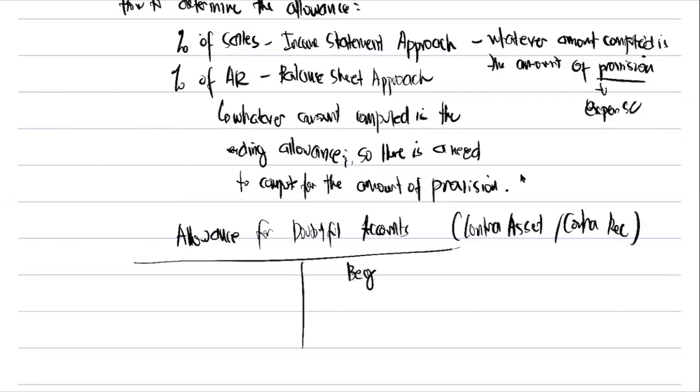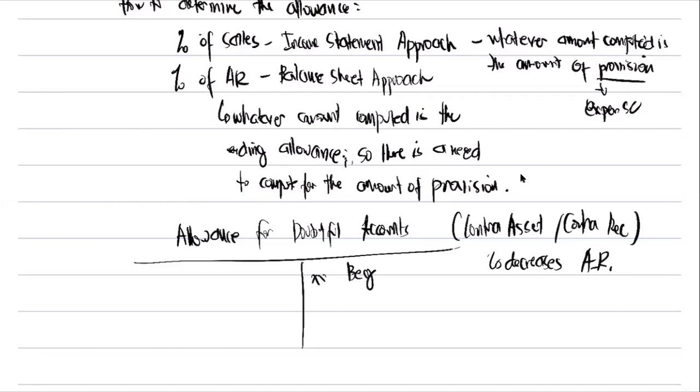So when we say contra asset or contra receivable, it decreases accounts receivable. It's the same with accumulated depreciation. So a while back, we discussed accumulated depreciation. So if ever we have accumulated depreciation that is a contra asset account, it decreases your property, plant, and equipment.